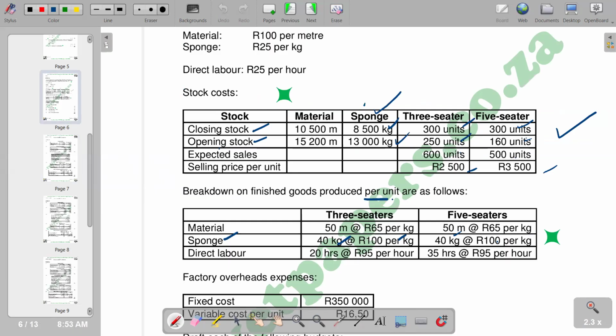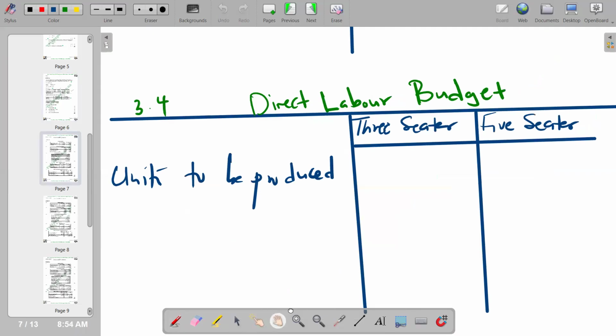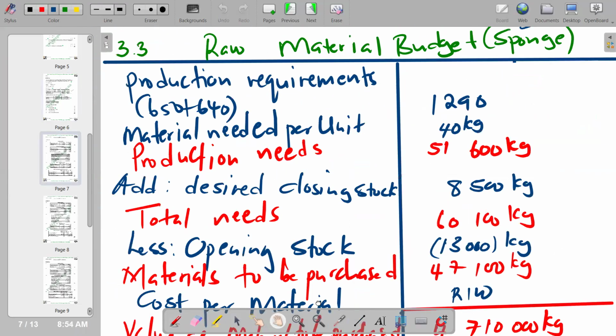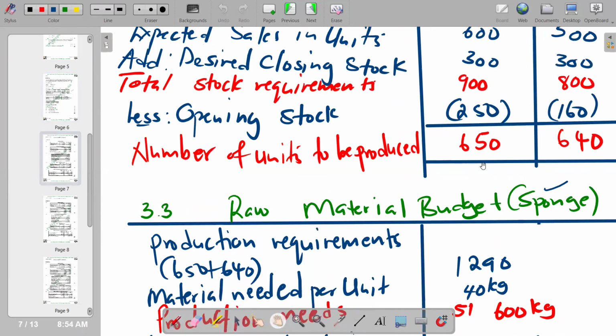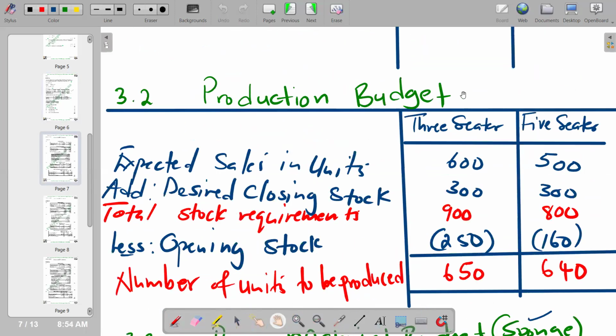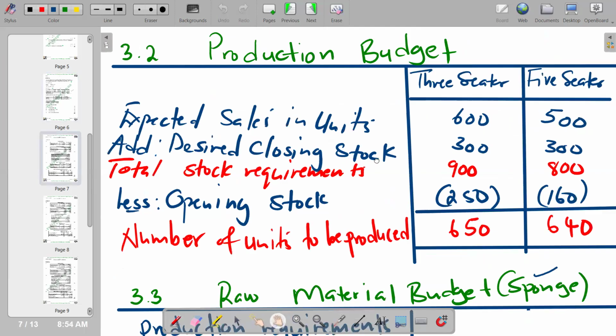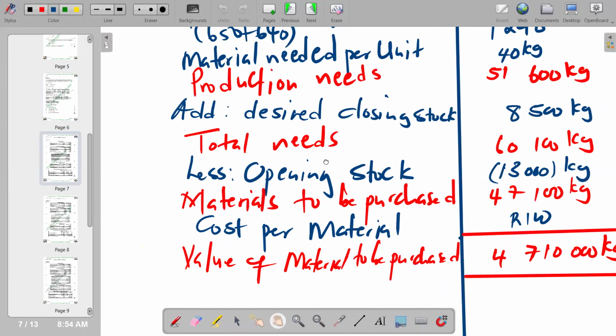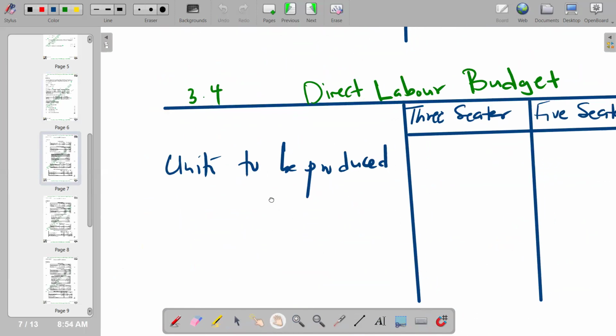Remember, we did calculate them, and we got 650 for the 3-seater and 640 for the 5-seater, on the production budget. Those are the units to produce that we're going to start with in the direct labor budget.